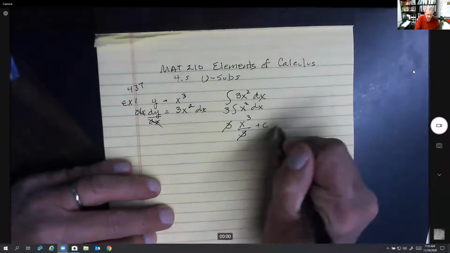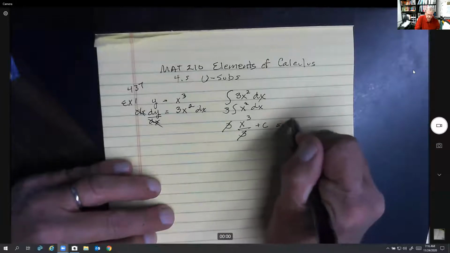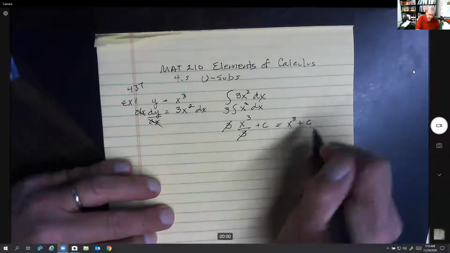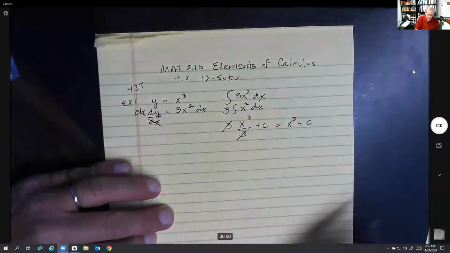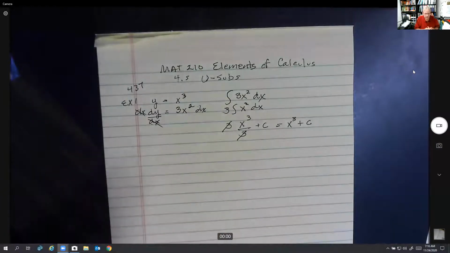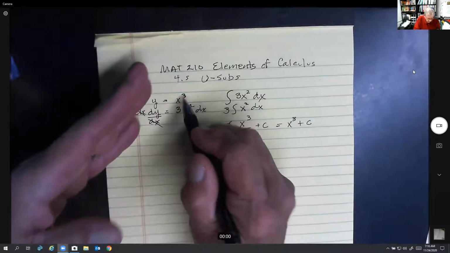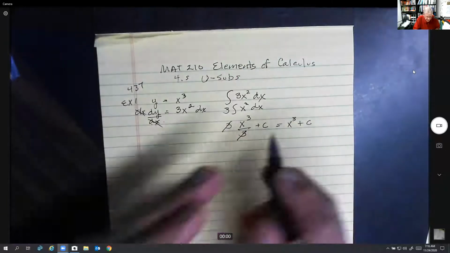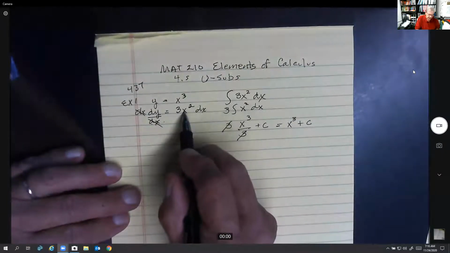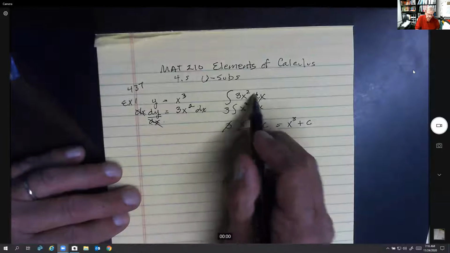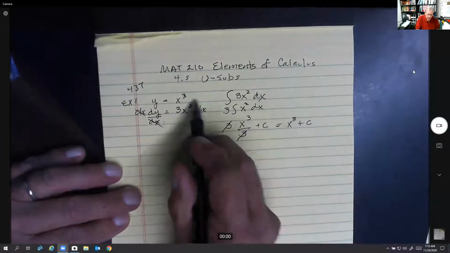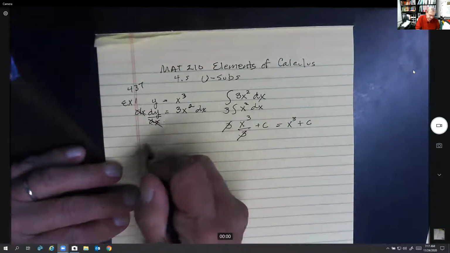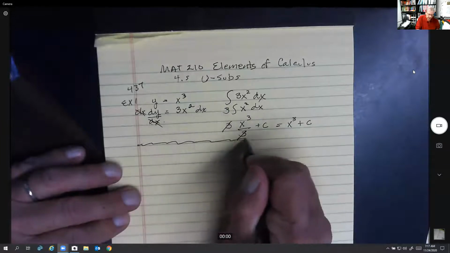These cancel out, and you end up with x cubed plus c, the original problem. So it's the derivative and then the antiderivative. The antiderivative of the answer leads us back to the original problem. That's the theory of this whole thing.